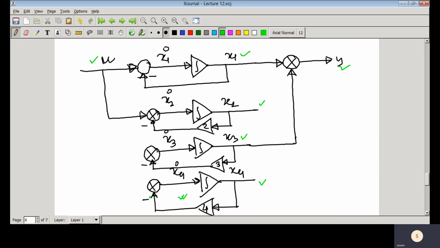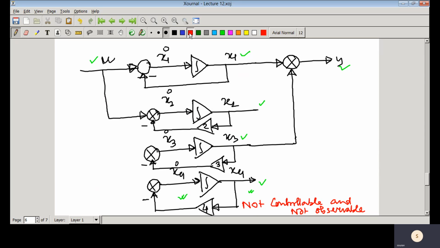That means the control input is not connected, and it is not reflected at the output. So this particular state is not controllable and not observable. As it is isolated, it cannot be controlled or observed.